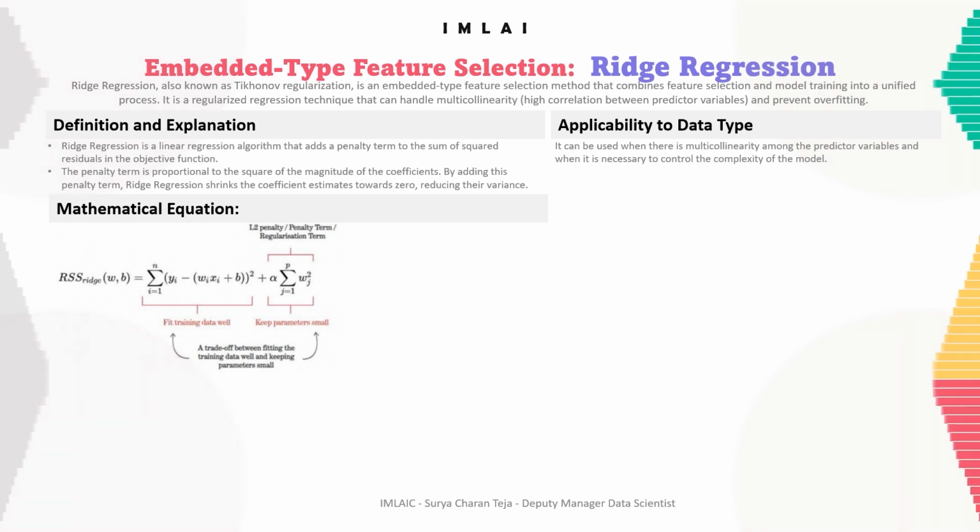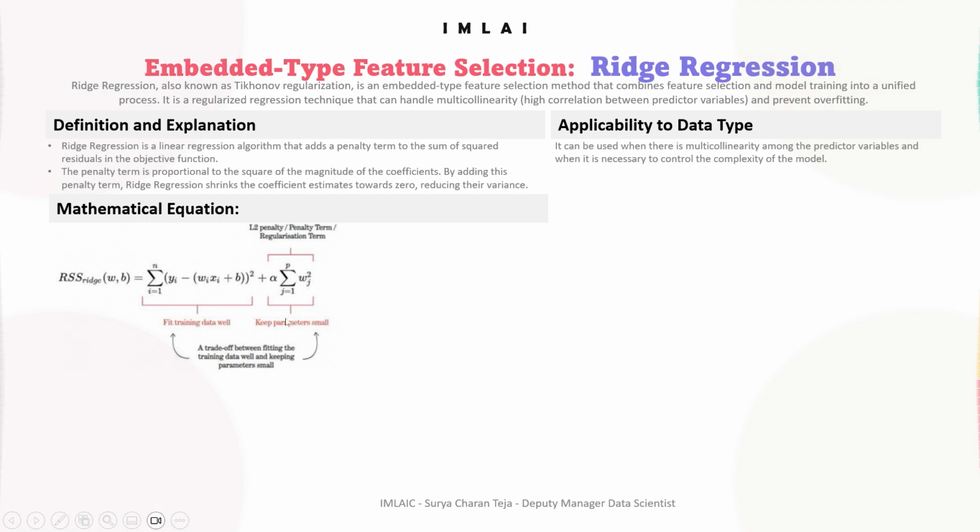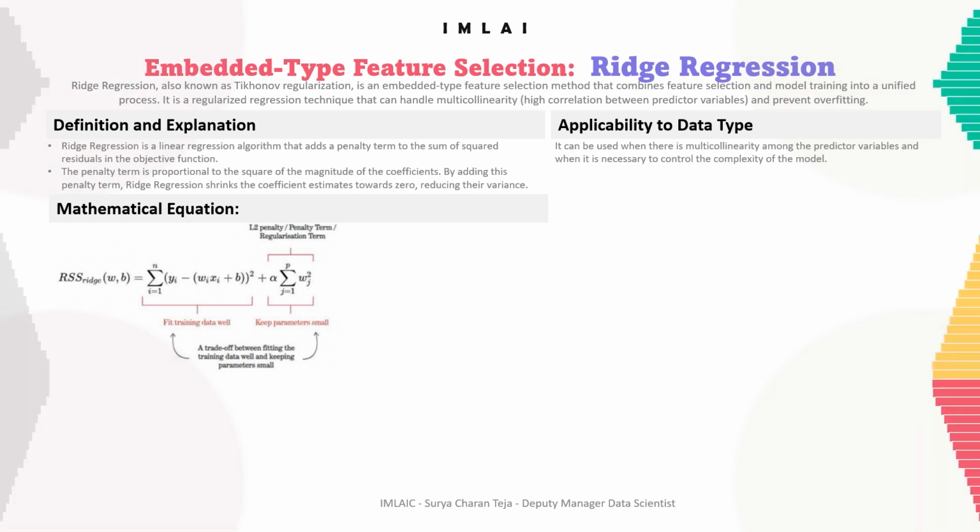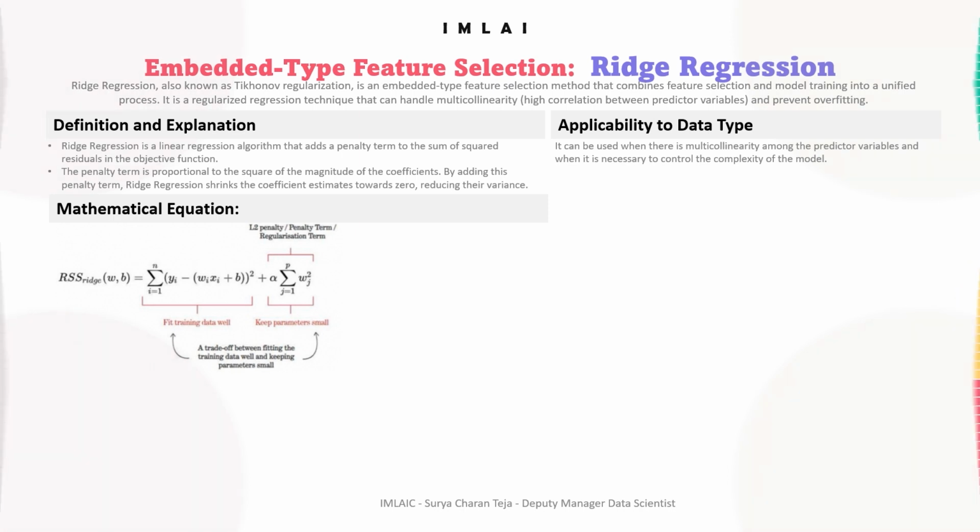So the penalty term is nothing but the summation of the square of the coefficients, and the main target is to keep these parameters small. A trade-off between fitting the training data well and keeping the parameters small is called the objective function for ridge regression.